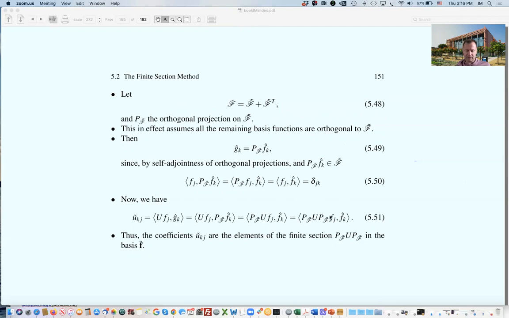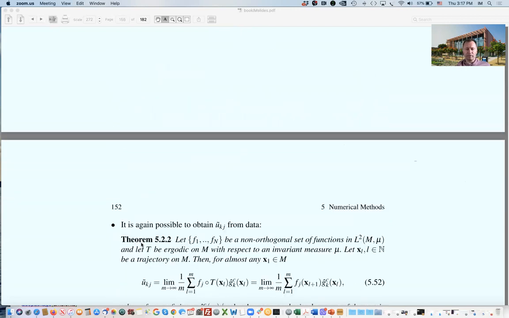What did we define this to be? Well, we defined this to be precisely the compression or the finite section. So this coefficient that we're finding is precisely the element of the finite section in the basis F tilde.